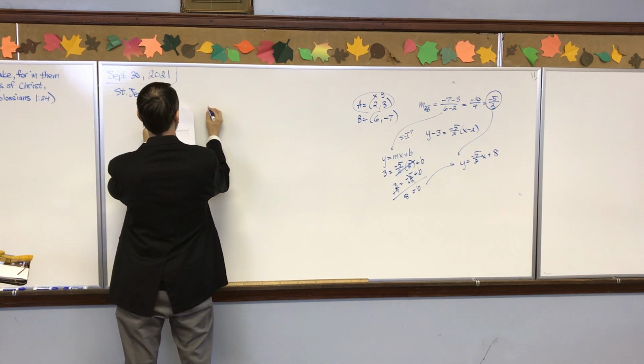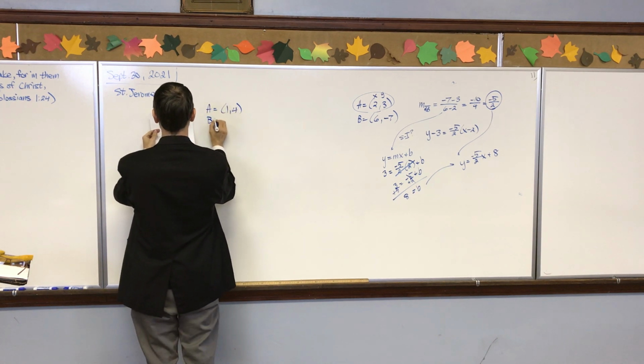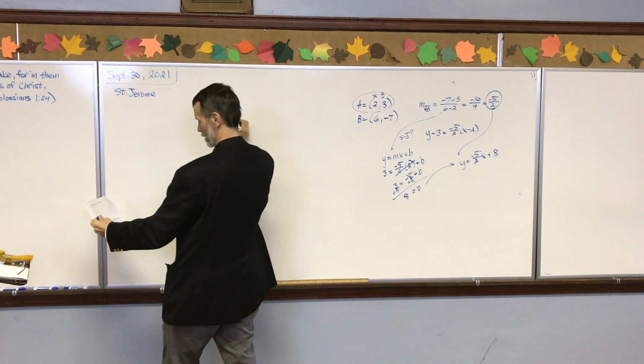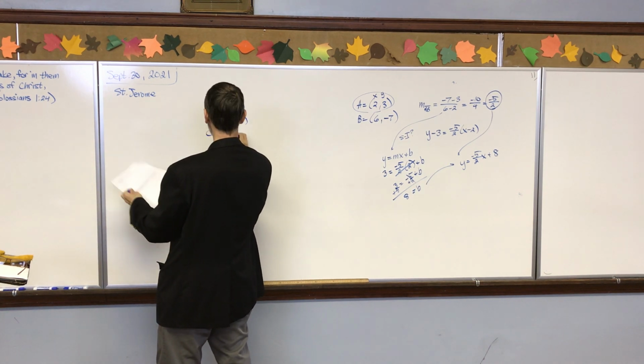So we've got point A is 1, 4. Point B is 9, 6. And then point C is 11, -2.